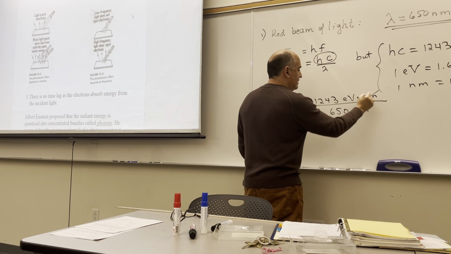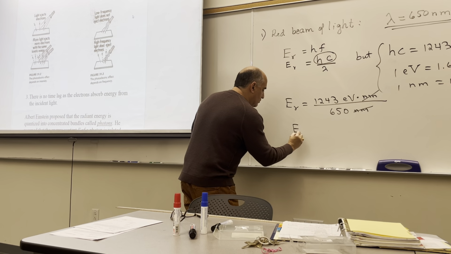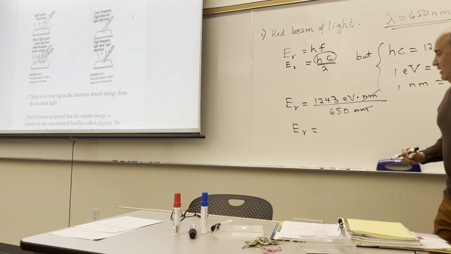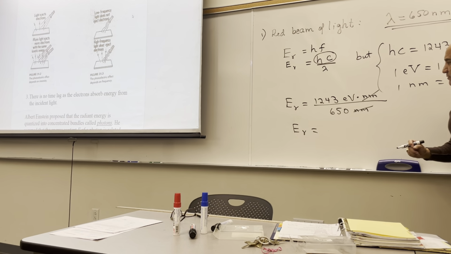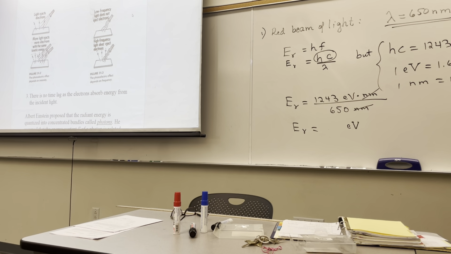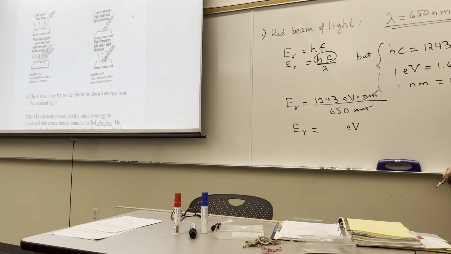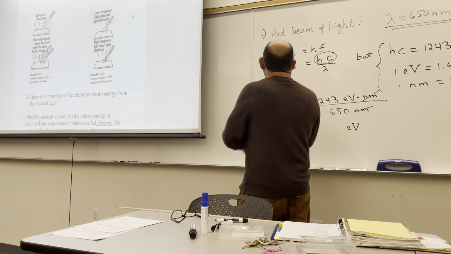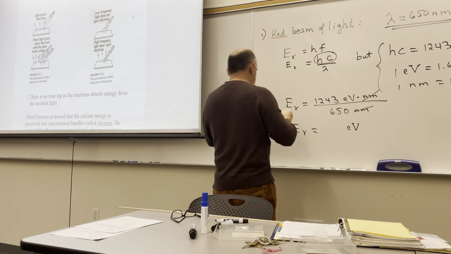That way the nanometers cancel, and I can easily, quickly, without having to convert so many things, tell you what the energy of the photon is in electron volts. And what do you get? You should get something around 1.6 or thereabouts. But do that and tell me what you get. That's for a red beam of light of wavelength 650 nanometers.